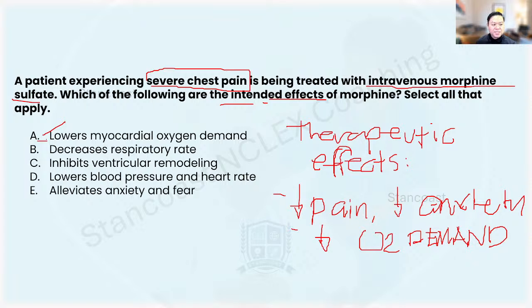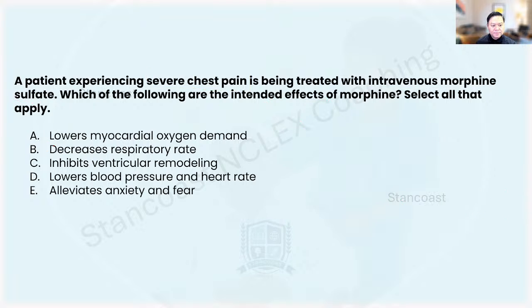Now letter B, decreases respiratory rate. Guys, I've said therapeutic effect, okay? So if you had answered letter B, yeah, I know, the morphine can decrease the respiratory rate. That is one of those side effects, but not a therapeutic effect. So this is going to be eliminated. Let me erase that.